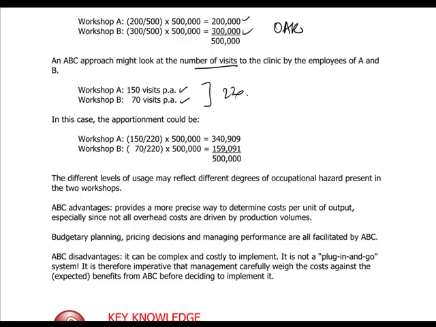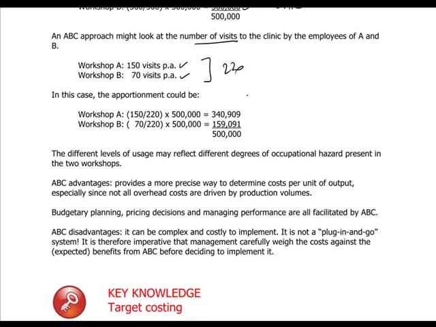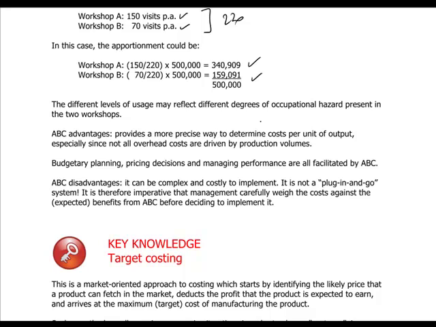We can divide the costs according to the number of visits. So workshop A incurs costs of $340,000 approximately, while workshop B $159,000. The different level of usage may reflect the different degrees of occupational hazard present in the two workshops. So it's not just how many employees we have there, we are actually measuring how many times they visit the clinic.